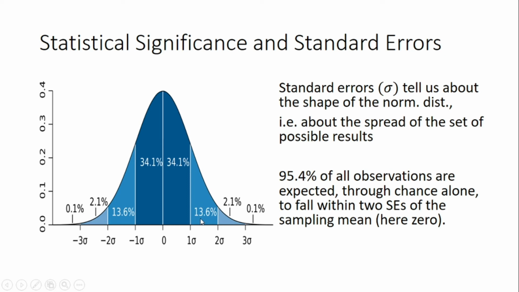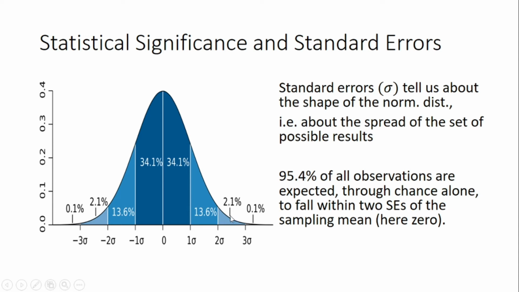But if we have, say, 2 standard errors, then there's a 95.4% chance that we'll find an observation that falls between 0 and 2 standard errors on either side.